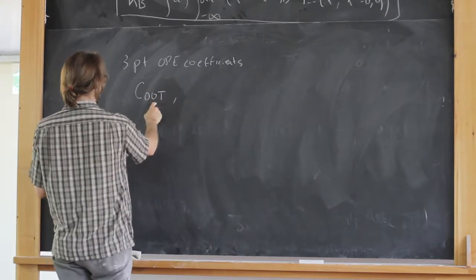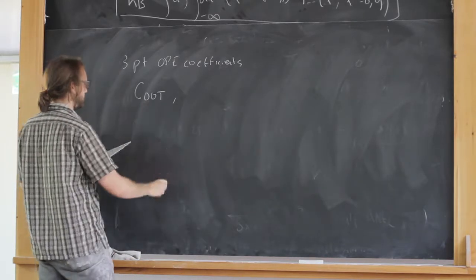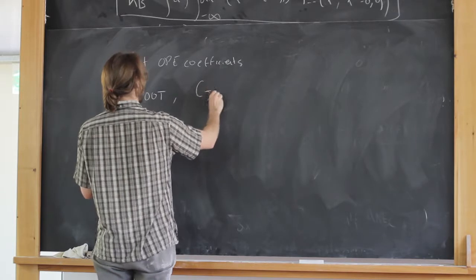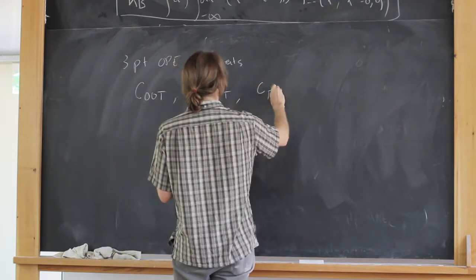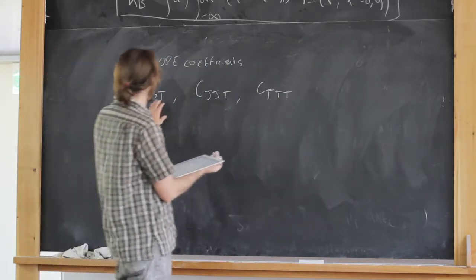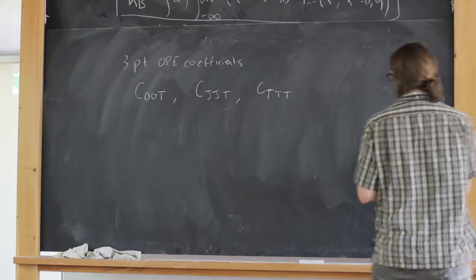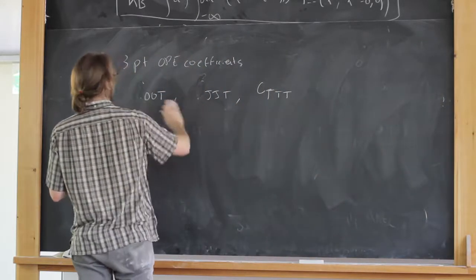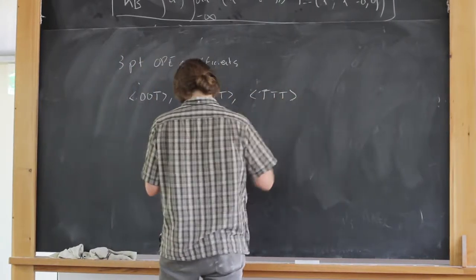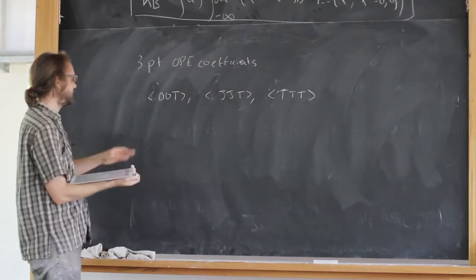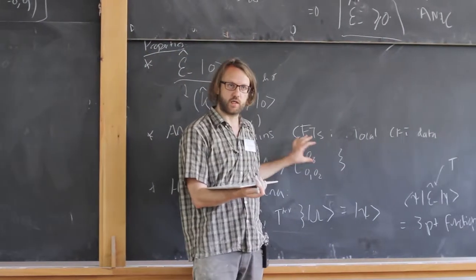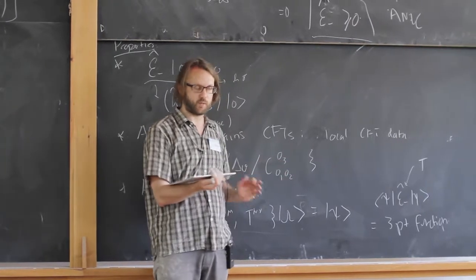You always get two operators and a stress tensor, and these operators don't need to be the same. And so you get JJT, TTT. Well, sorry, I shouldn't say it like this. I need to say it like this. You get three-point functions, and three-point functions in CFTs are determined up to symmetries by some numbers. So that's why you're constraining these numbers. These are the OPE coefficients.